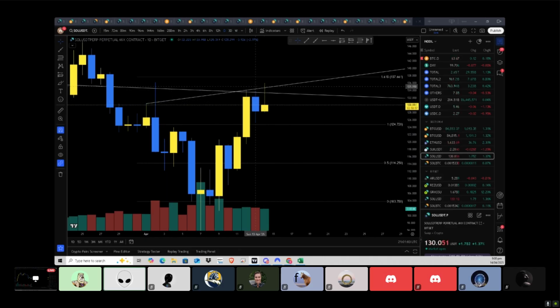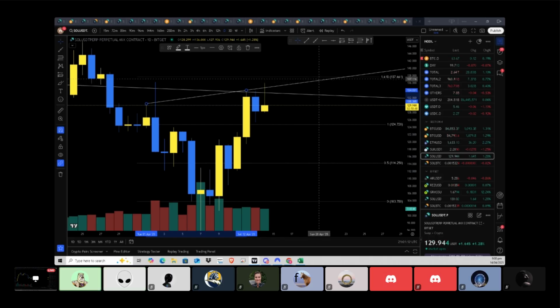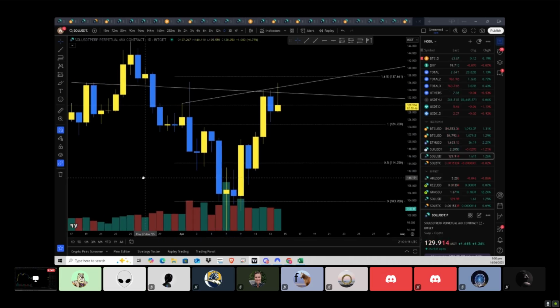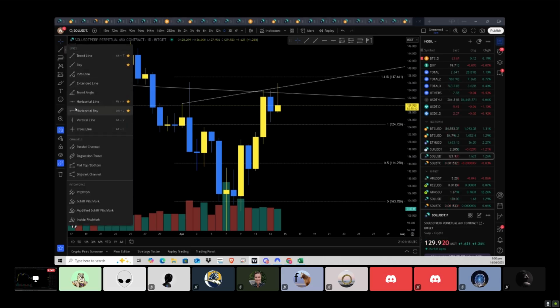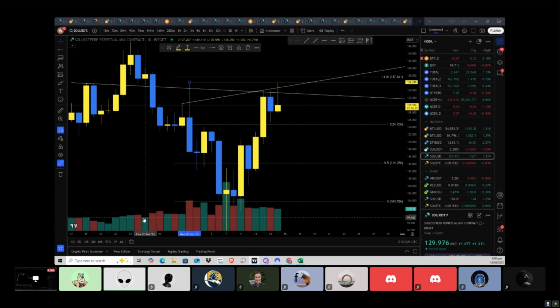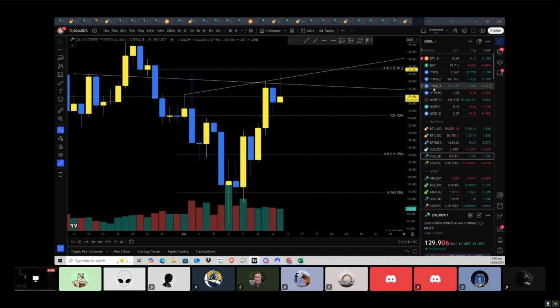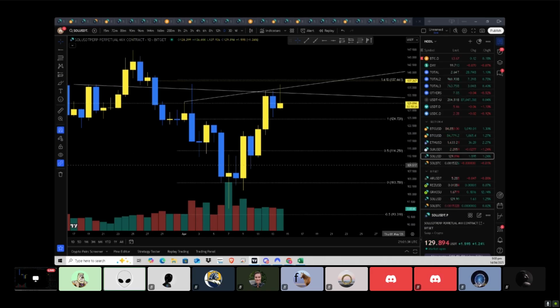So if it had taken a couple more days to get to this line, you'd just be slowly raising your entry of your short up as it goes. It never touched that, so it can't break out of that range, and it never touched that, so it can't create another top to break out of that. So at this stage, it's making all the right moves to have a retracement.